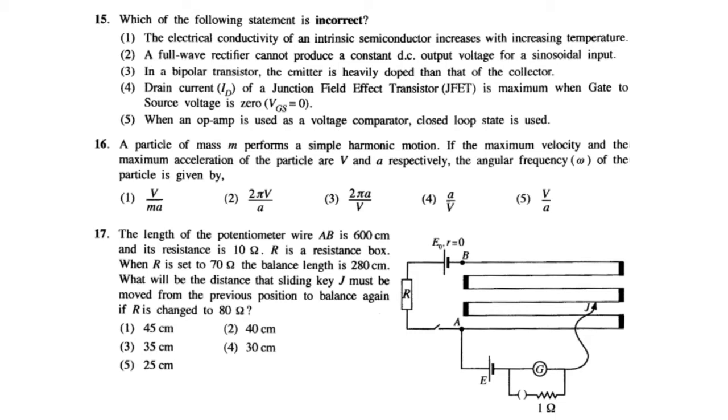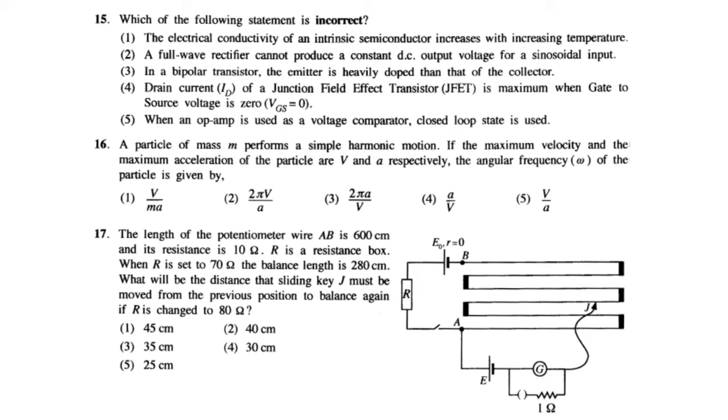To operate the op amp as such, it should be in the state of open loop. Closed loop state is the state where feedback resistors are connected. So here the answer 5 is wrong. So the answer is 5.